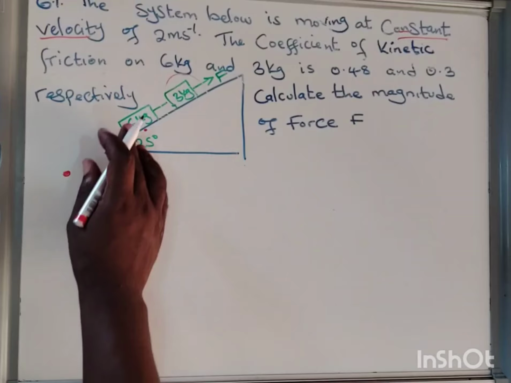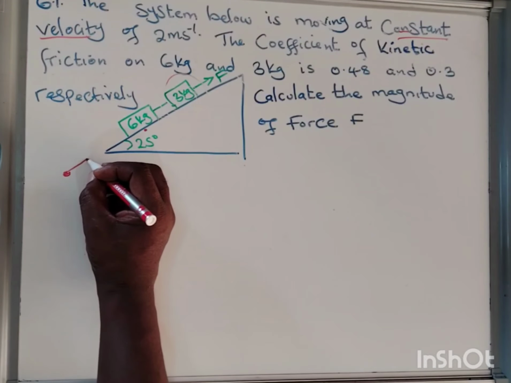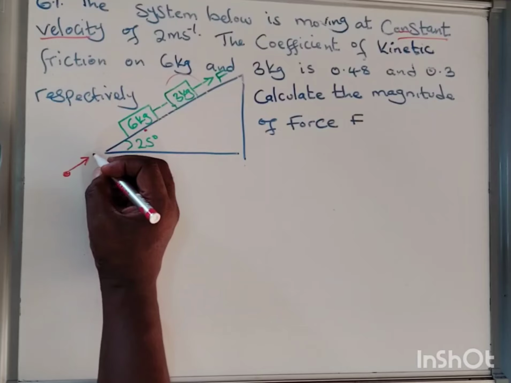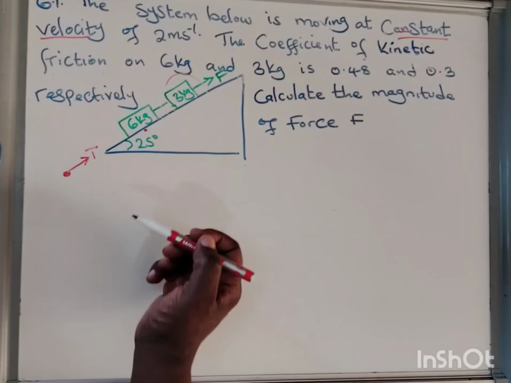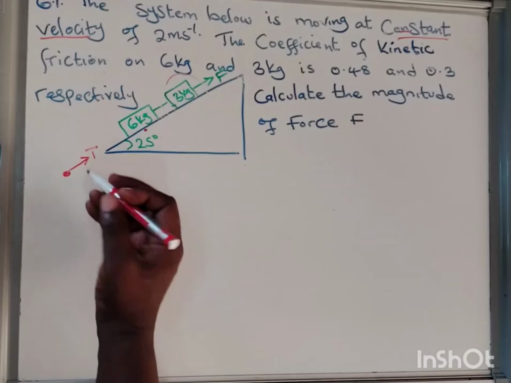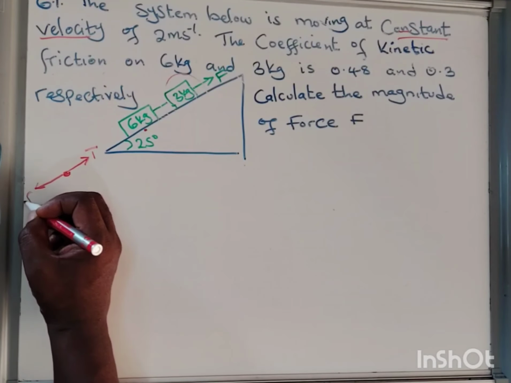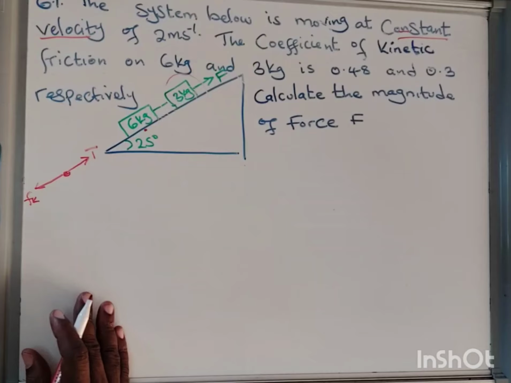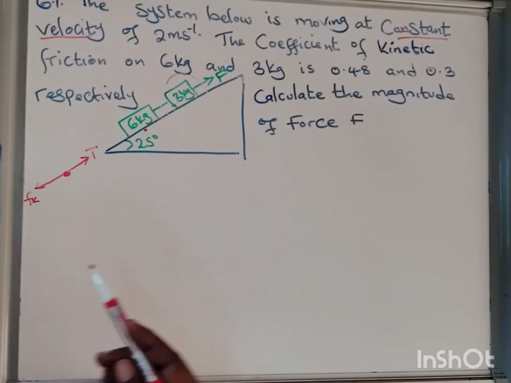When we analyze the forces acting, we can see that there is tension acting upwards due to the string attached. We know that there is Fk, the kinetic friction force, because we are given the coefficient of friction.